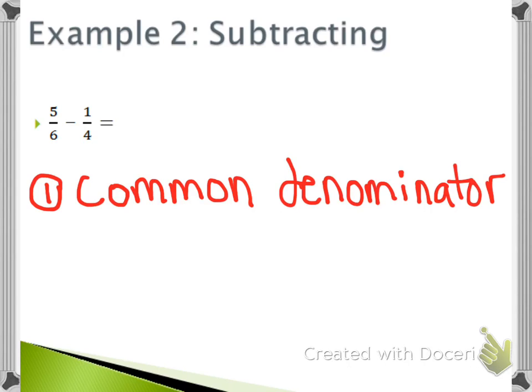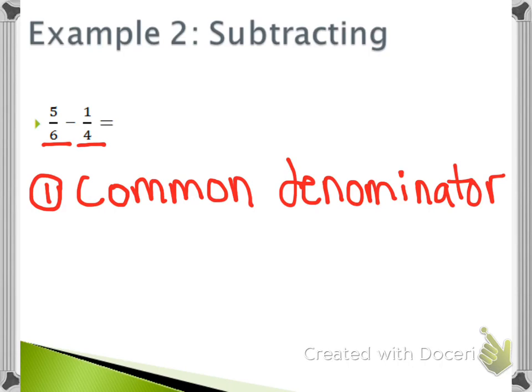And just like the addition problem, we're going to follow the same 3 steps to find the answer, or the difference, between 5/6 and 1/4. So the first step is we have to find that common denominator between 6 and 4.